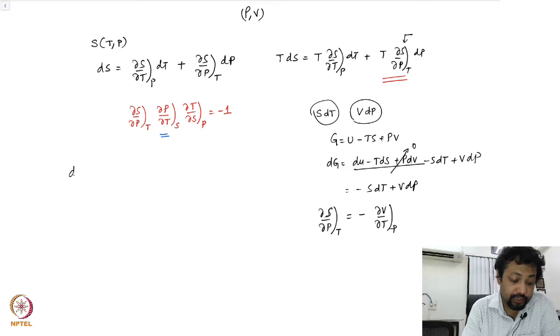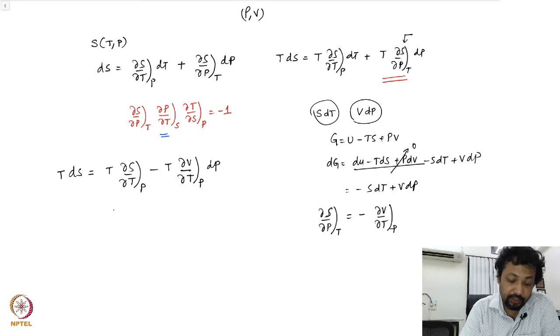So your TdS is T del S del T at constant pressure minus T del V del T at constant pressure dP, correct?